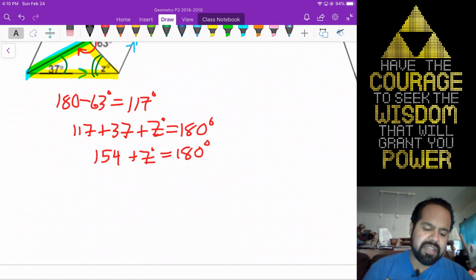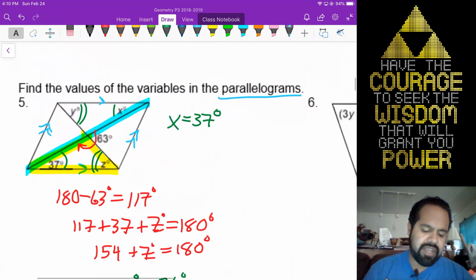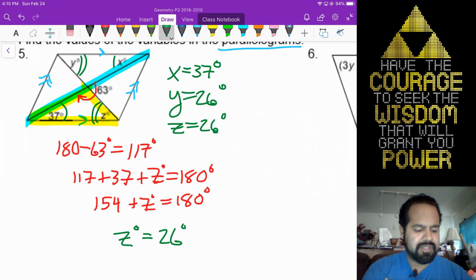And so then when we subtract that, z should equal, what is that, 26 degrees. Now, z equals 26 degrees, and so does y. All right, let's keep going.